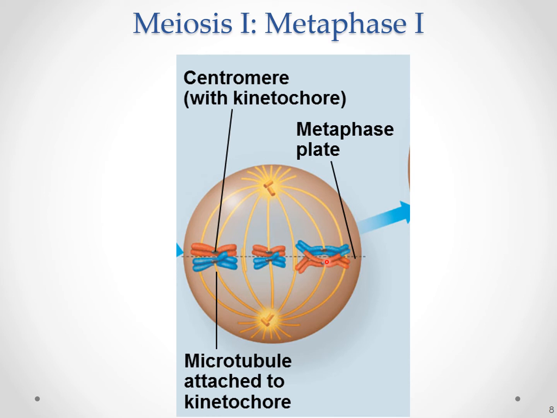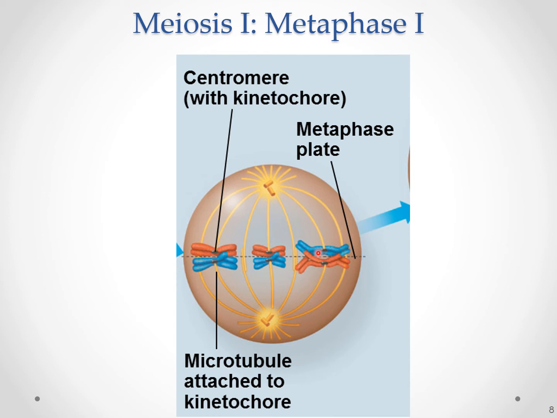So there are 2 ways in which they can line up at the equator. And remember, there are multiple homologous chromosomes that are going to be lined up at the equator. So this cell only shows 3, but human cells are going to show 23 pairs of chromosomes that are going to line up at the equator. So that is a lot more potential variation here.